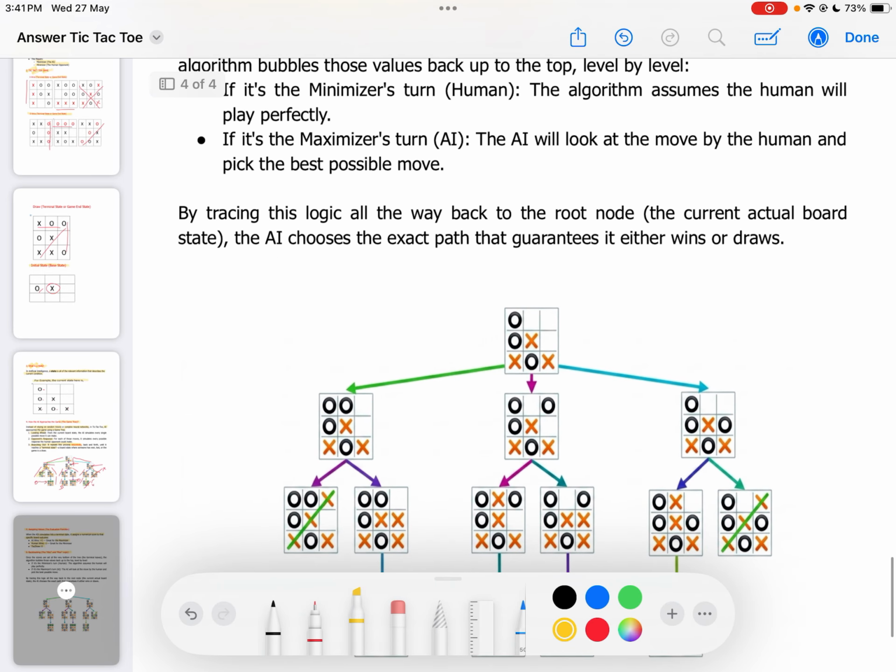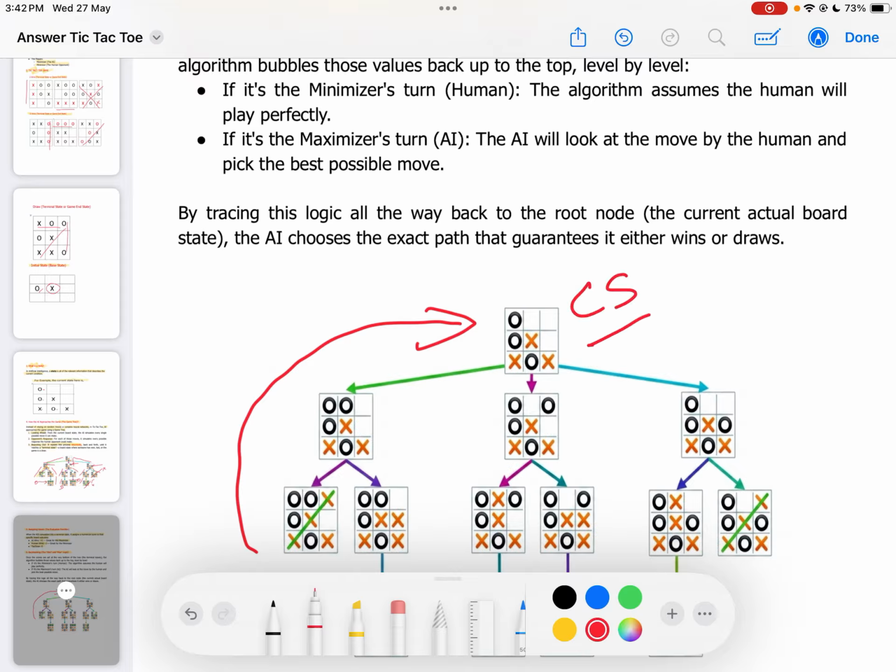After doing all this calculation, it goes back to the current state. This is where we actually are when we are playing. Now, what AI does is it calculates the possible moves and assigns values.